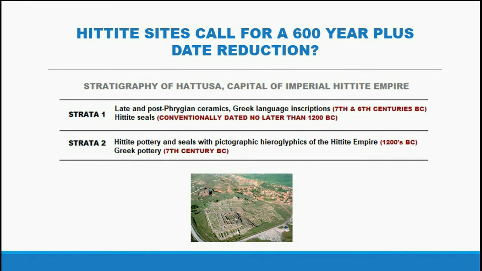In the next stratum, level 2, they found much Hittite pottery and Hittite seals with pictographic hieroglyphics of the Hittite Empire. And this was evidence of the 13th century. But there was also East Greek pottery found in the houses of level 2. Among the 13th century Hittite items, there was pottery which could not be dated earlier than the 8th and 7th centuries BC.